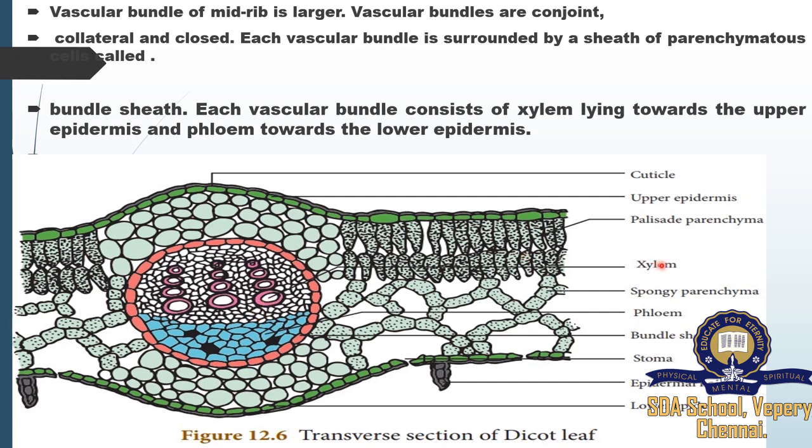It is xylem. Below that we have a blue color small structure. We have phloem. Below that we have a bundle sheath. Then we have a stoma here. Then this is the epidermal layer. Finally we have the lower epidermis.